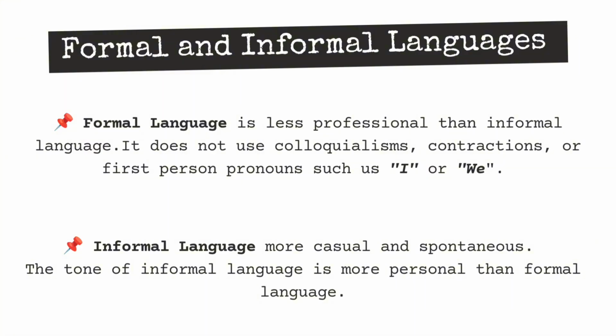The difference between formal language and informal language is that formal language is more professional than informal language. It does not use colloquialisms, contractions, or first person pronouns such as I or we.